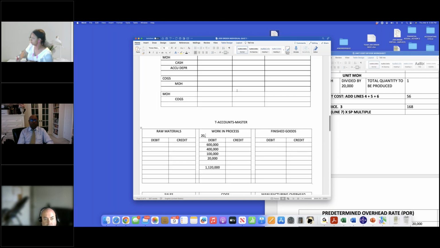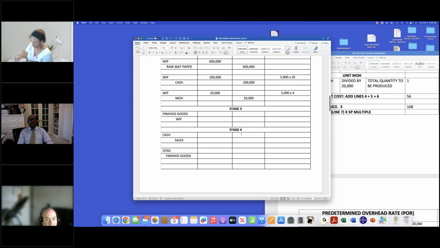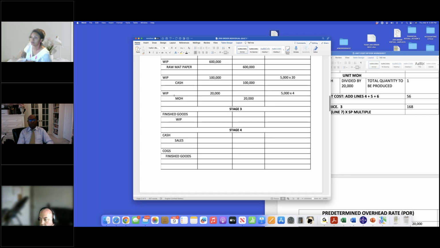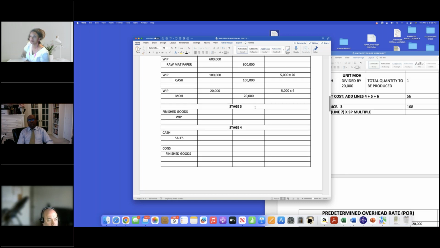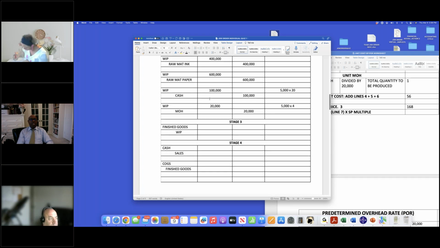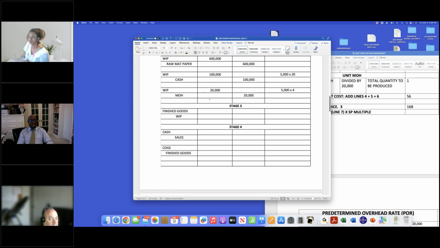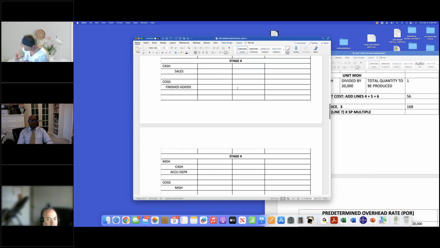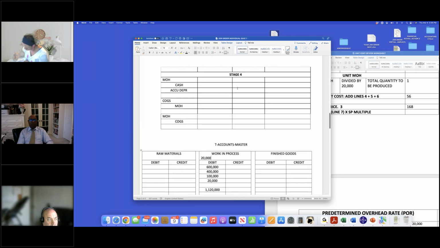No. Here's a journal entry: debit work in process and credit manufacturing overhead. Remember we told you the journal entries are already made. So these journal entries don't change. All of these problems you're working, you might be able to knock them all out tomorrow. When we add all of these numbers up, we get 1,120,000.